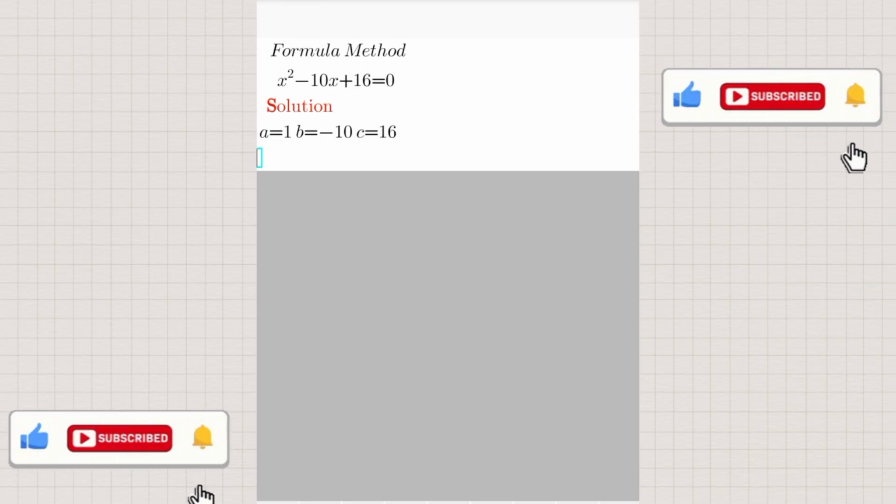We are a step ahead now. So we are going to use the quadratic formula to solve this. Let's see how we can get the quadratic formula.